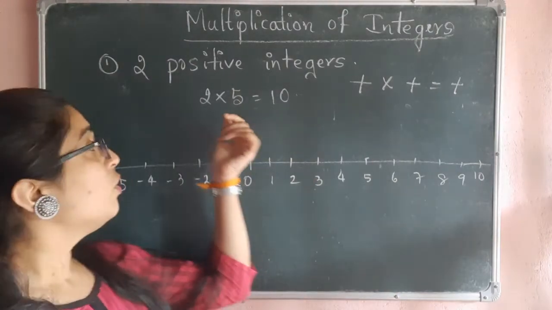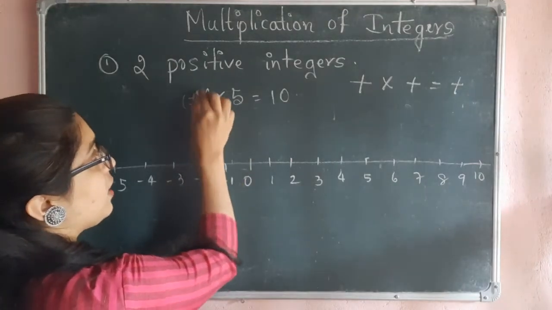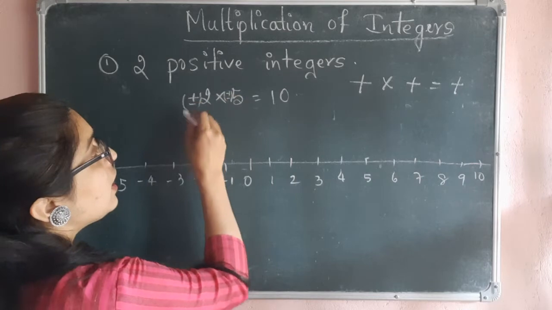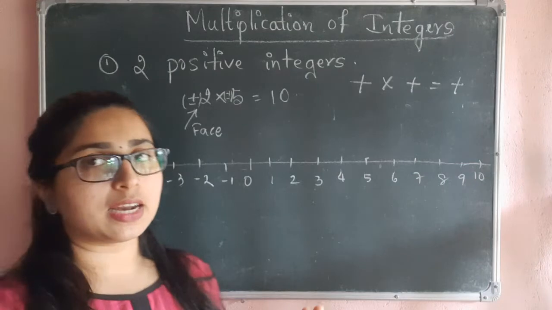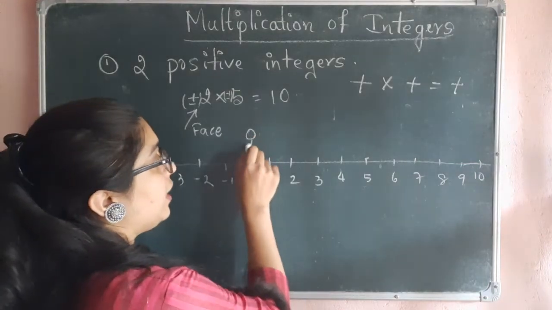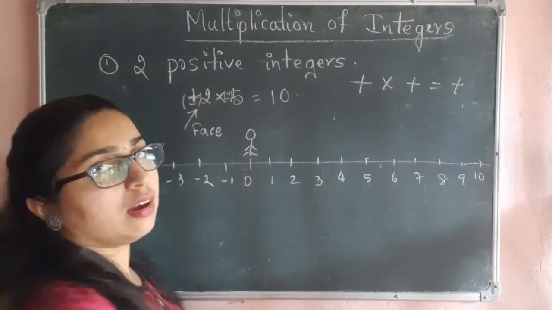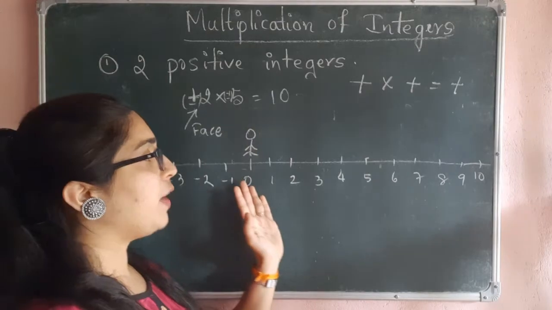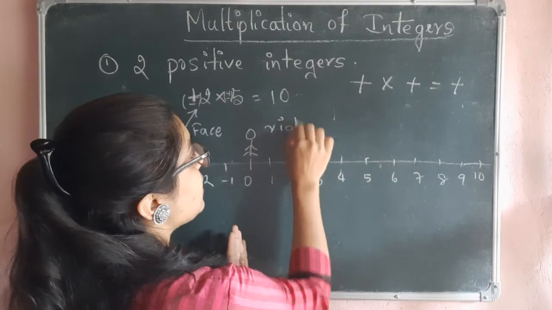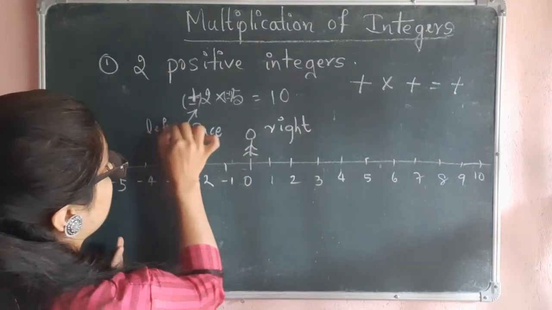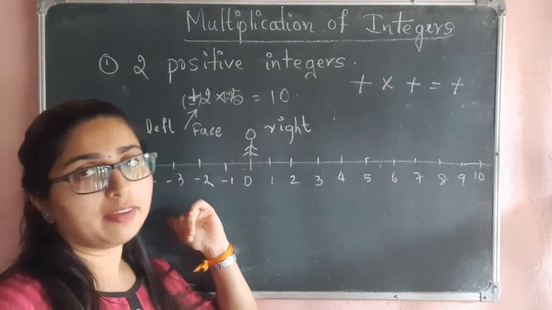The sign here, plus or minus, will be telling you about the face direction. Face direction means, just imagine I am standing here at the center, that is 0. So if there is a plus here, I will face towards the positive number. That means to the right. This is the right, this is the left. Right of 0 we have positive numbers, left of 0 we have negative numbers.